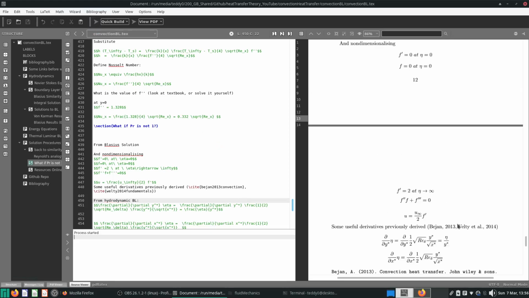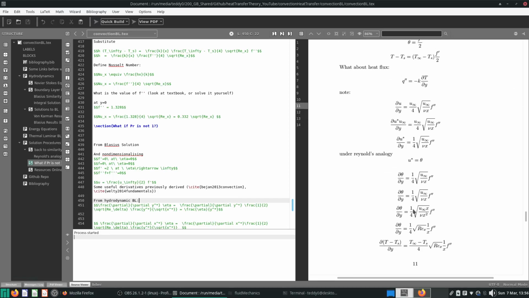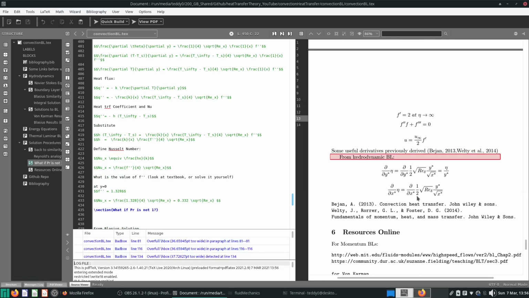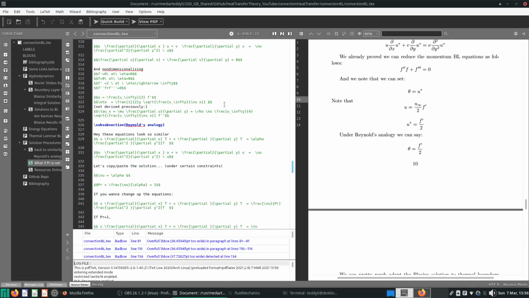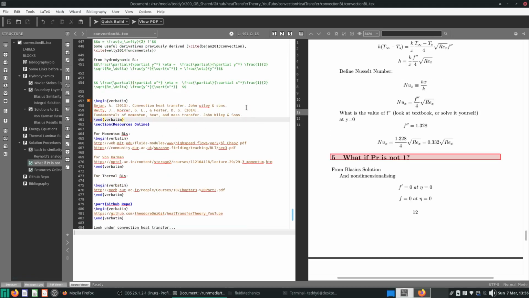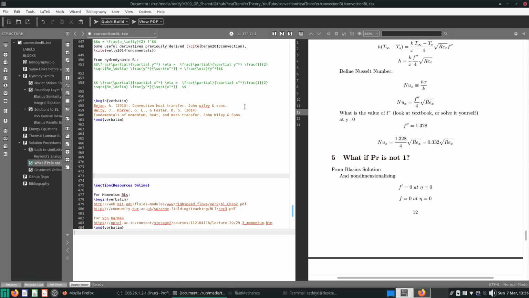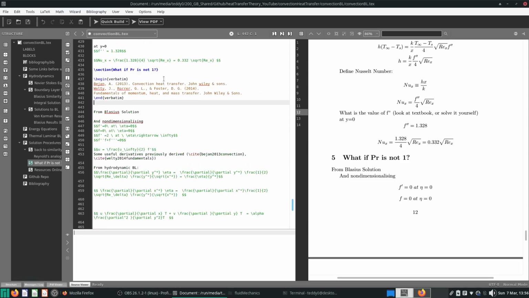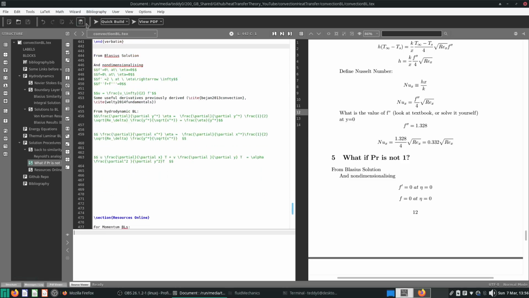And of course, last but not least, we need to have our temperature equation or energy equation, which deals with the temperature. So let's go with the energy equation. This is our energy equation right here. I'll just put this on top, just in case you want to know where I refer.